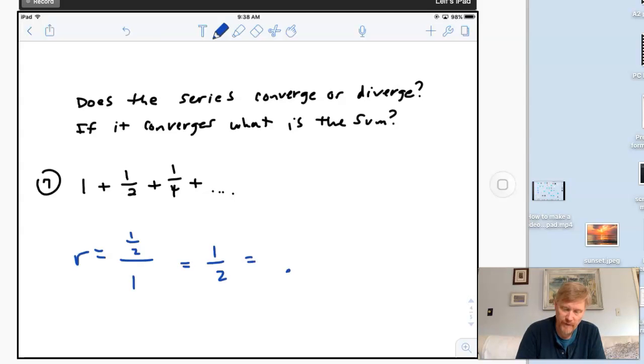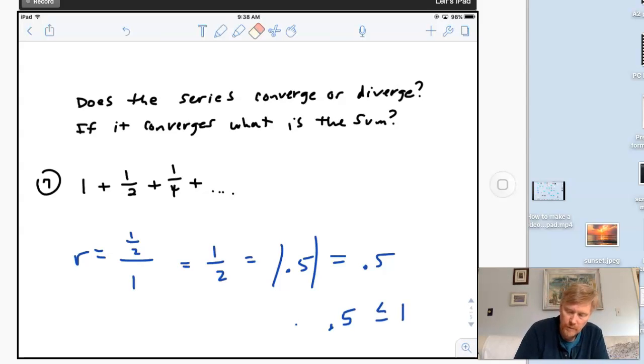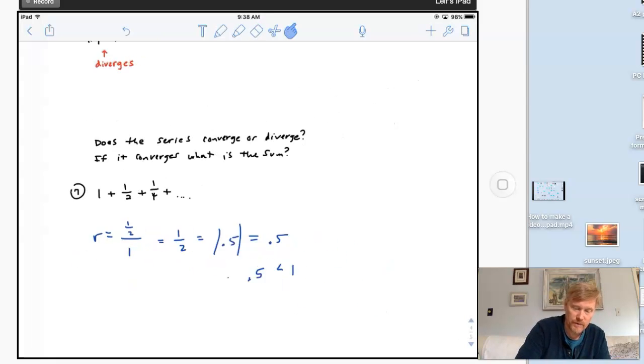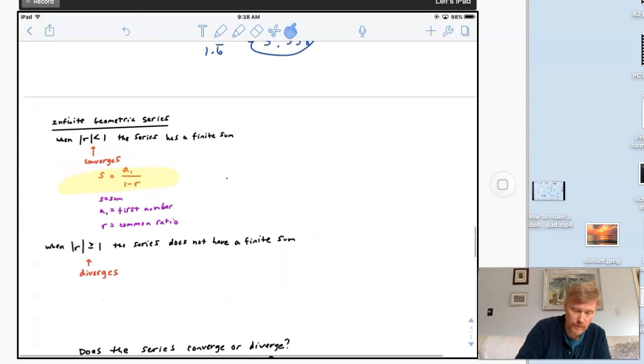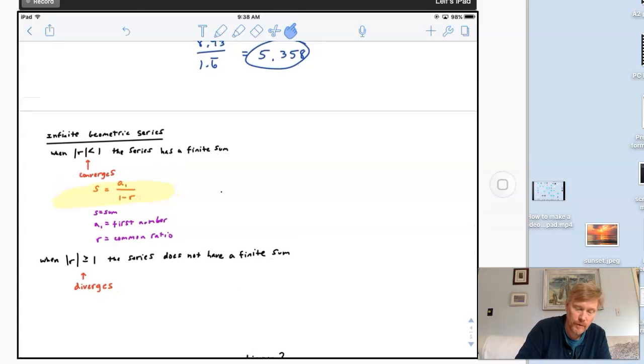So that's 0.5, which means the absolute value of 0.5 is 0.5. So 0.5 is less than 1, which means this is that first type. It converges, and therefore it has a sum.